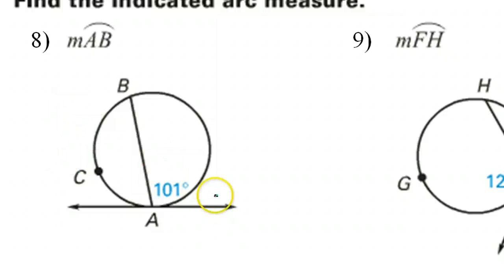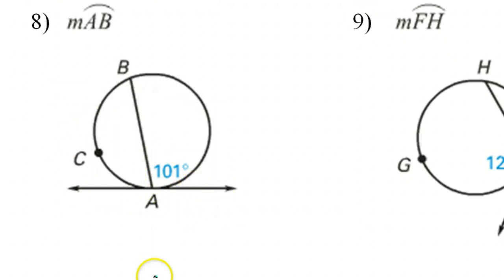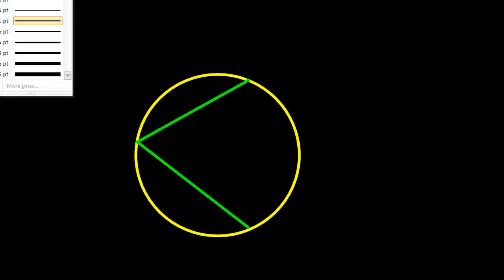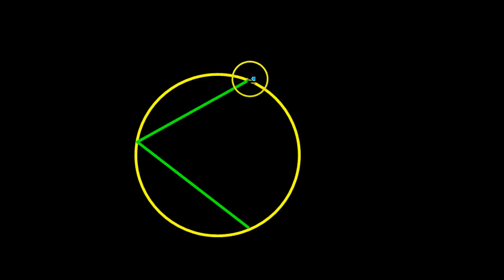Alright, look at number 8. This is a situation that we actually learned about before, but you might have forgotten. This is called an inscribed angle. We learned the relationship between an inscribed angle and the intercepted arc. Talking about this right here, this intercepted arc. That's a very terrible arc, but you get the idea.